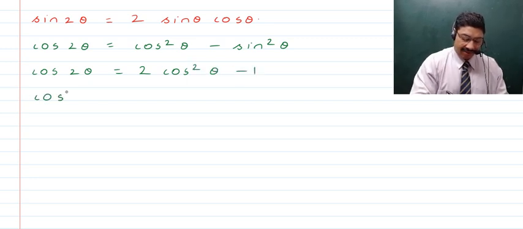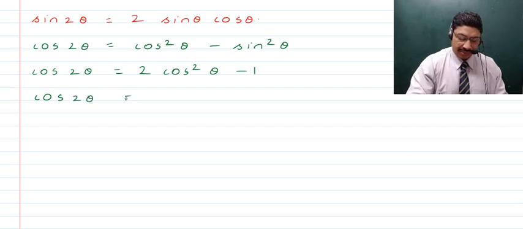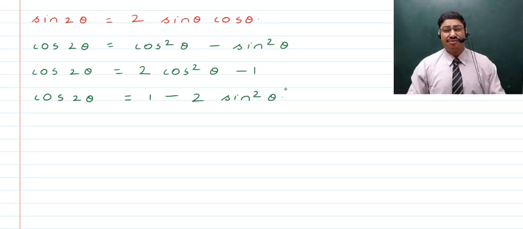Then we have cos 2 theta equal to 1 minus 2 sine square theta. So these are a few formulae in compound and multiple angles that at the moment we are going to consider, right? Later there is much more which in times to come is going to be discussed with you in detail so that any ambiguity that you have is always solved.